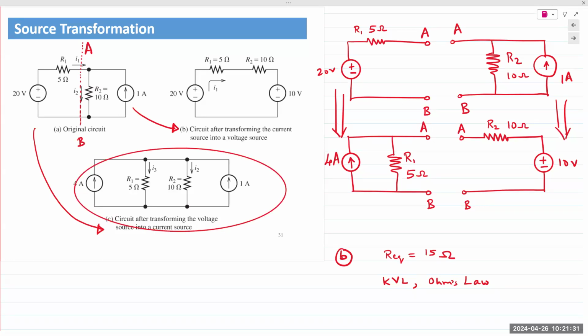Circuit number C. And again, circuit number C, you can see.